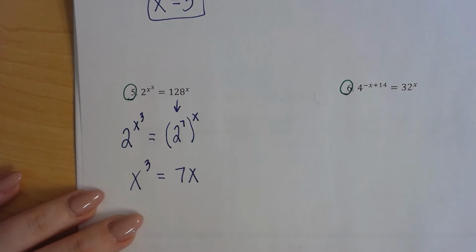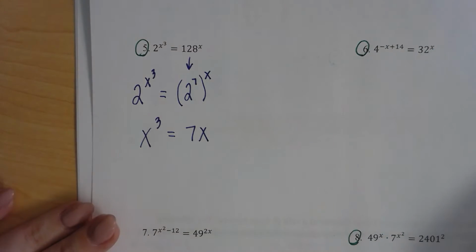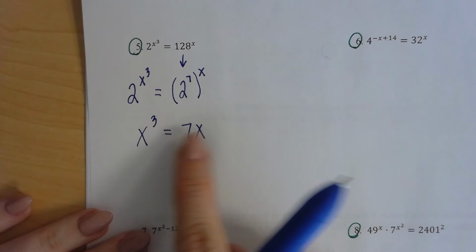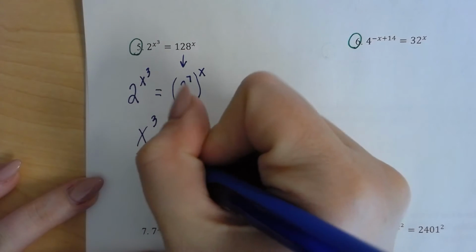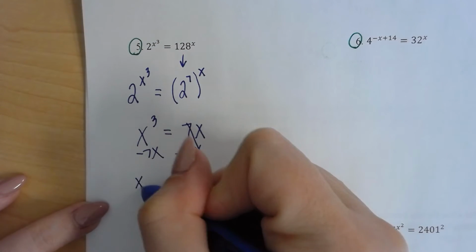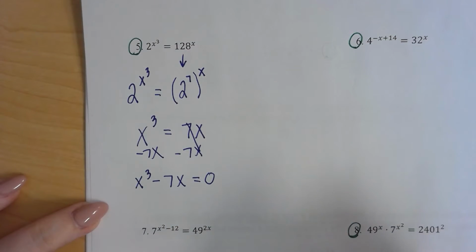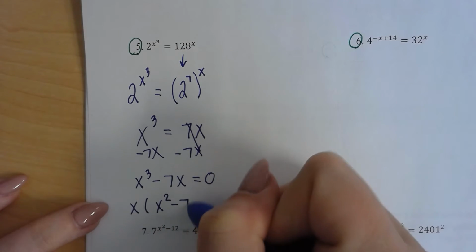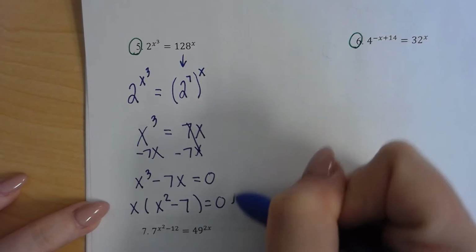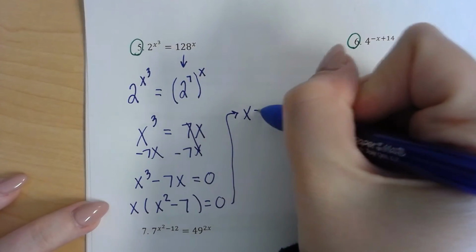So now I need to solve for x, and we're going to have to use a little bit more complex algebra skills here. If we have a power, we have to move everything to one side and factor. So our next step is to subtract the 7x over. So we get x cubed minus 7x equals 0. We could factor out an x. X squared minus 7 equals 0. Now if I set both of those equal to 0, I would get x equals 0.